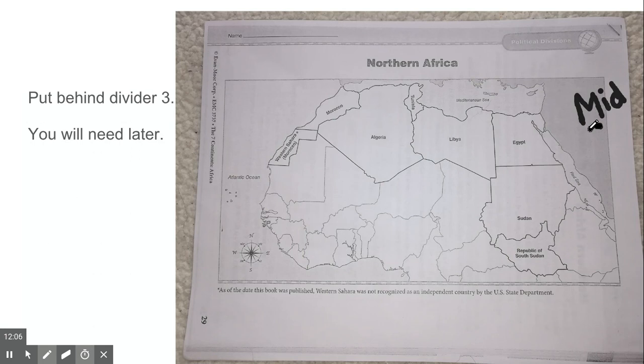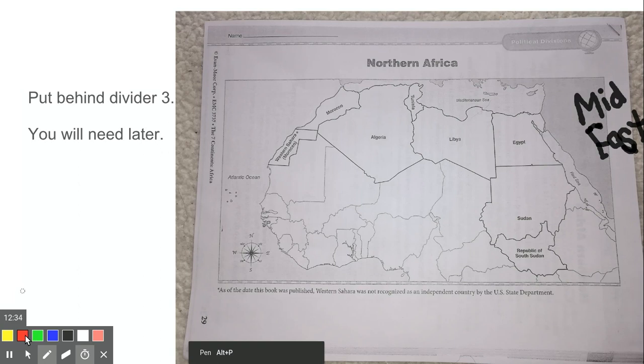It won't curve. What is it doing? We may not be labeling this map if my mouse won't get it together. So this is the Middle East. I promise that's what it says, the Middle East. Over here.